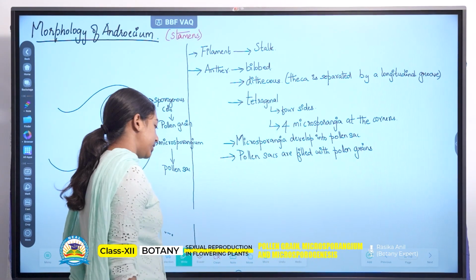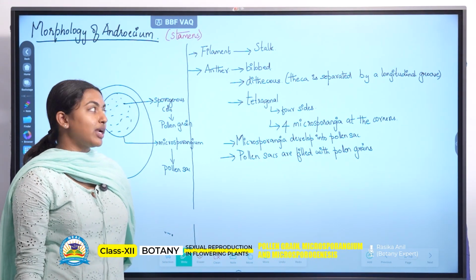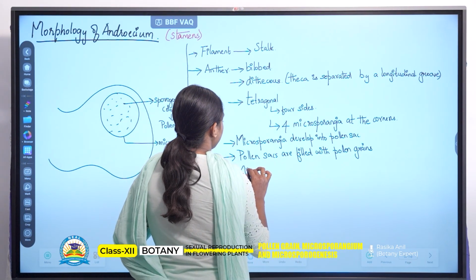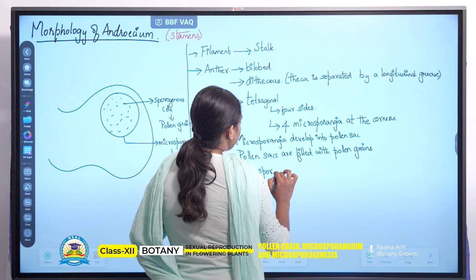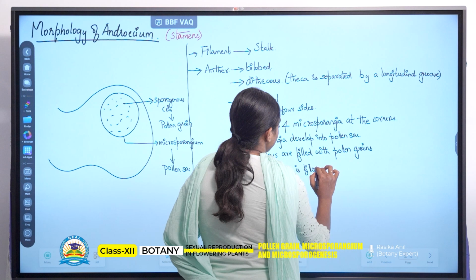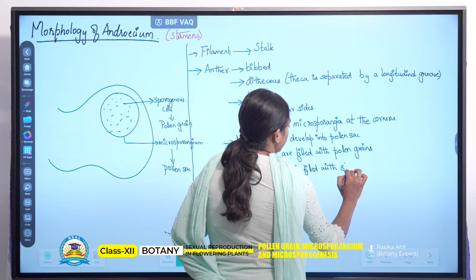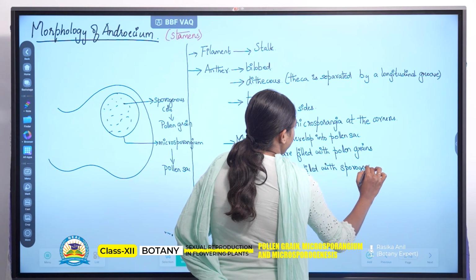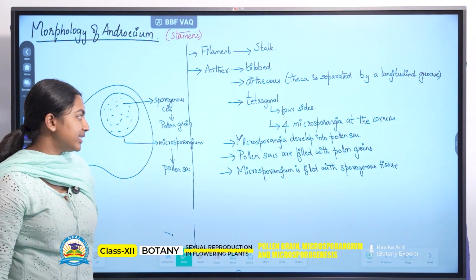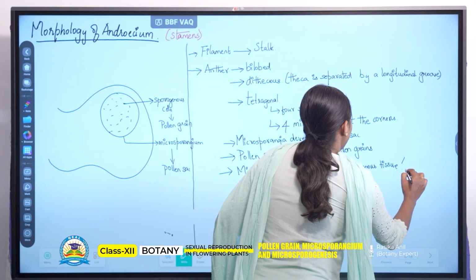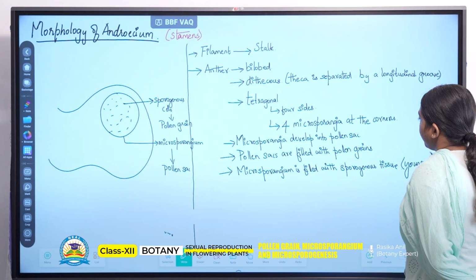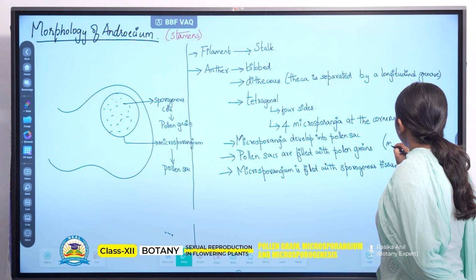Now, what is microsporangium filled with? Microsporangium is filled with sporogenous tissue, right? And this is when the anther is young, in a young anther. And pollen sacs will be filled with pollen grains. This is in a matured anther.